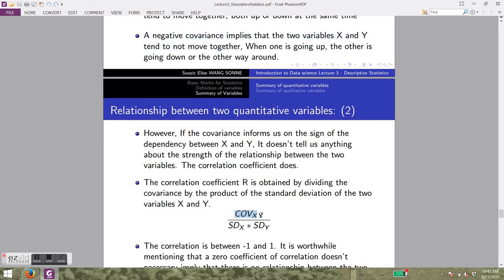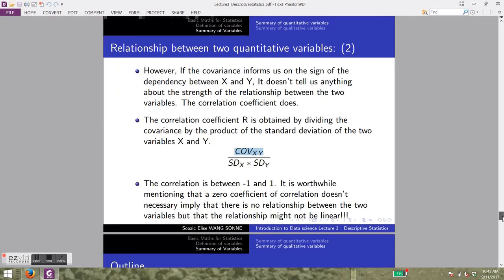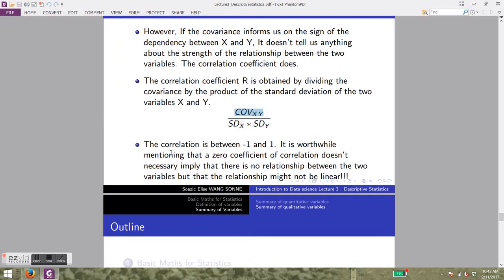So you have the covariance of x and y that you divide by the standard deviation of x times the standard deviation of y. This is how you obtain the correlation coefficient, and it gives you the strength, how strong they are. The correlation is between -1 and 1, so again it's always between -1 and 1. It cannot be above or below that.